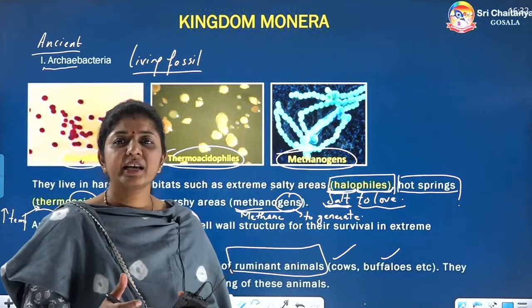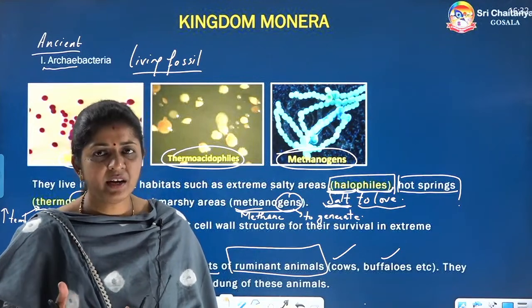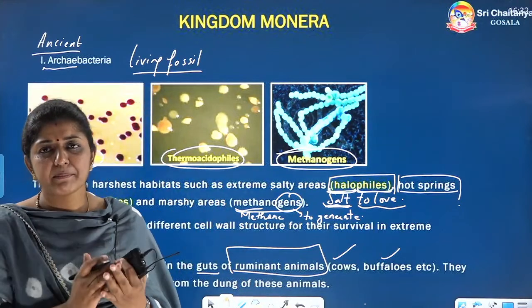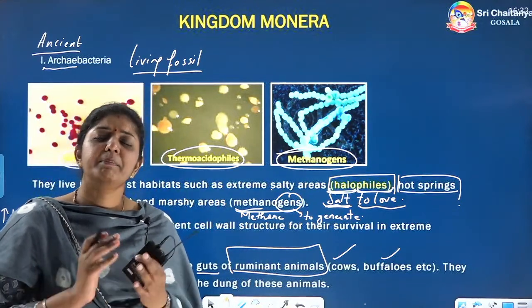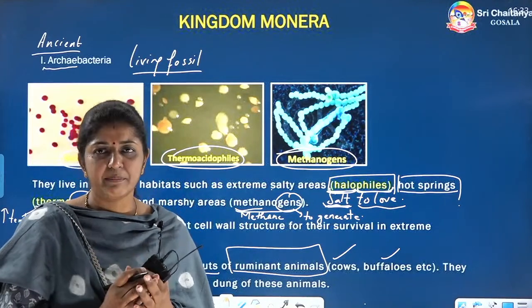And this methane gas is combustible, we can use it as a fuel, right? So just keep in your mind, there are many more utilities of the members of the Archaebacteria, but they have developed much earlier when the evolution happened.